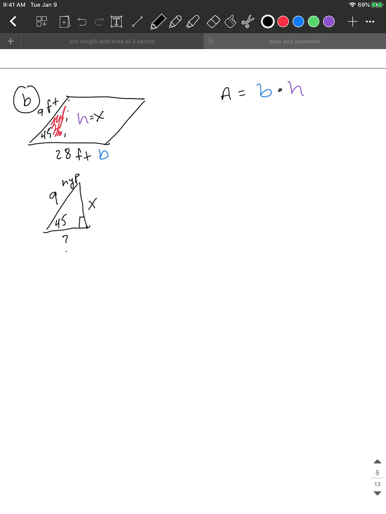In the original problem, it had the little right angle to signify that piece was a right triangle. So we're given the hypotenuse, and this angle is 45 degrees. So we have the hypotenuse, and we have the opposite side of that angle, because remember, it's the one that's across from it.